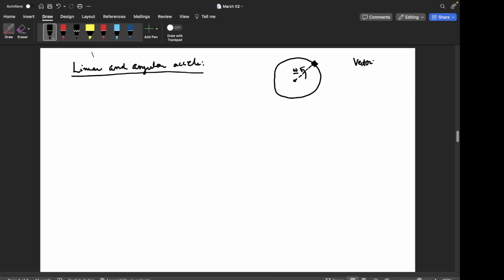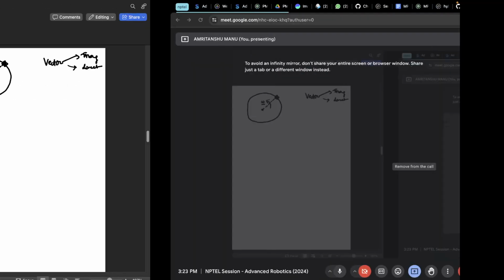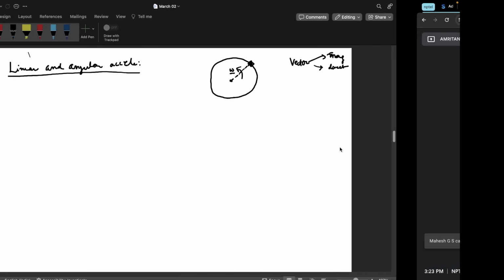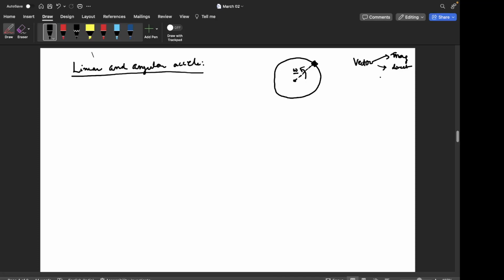A vector quantity has two things: a magnitude and a direction. So either both are constant, both are changing, or either of them is changing. Even if one of them is changing, the derivative of that vector would be non-zero.